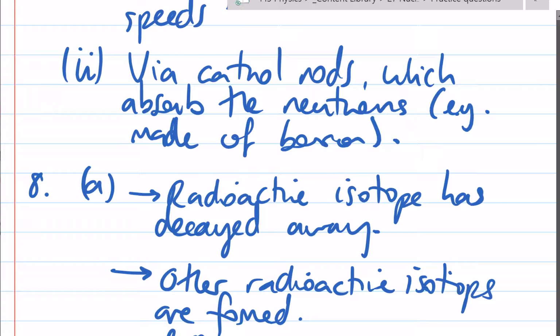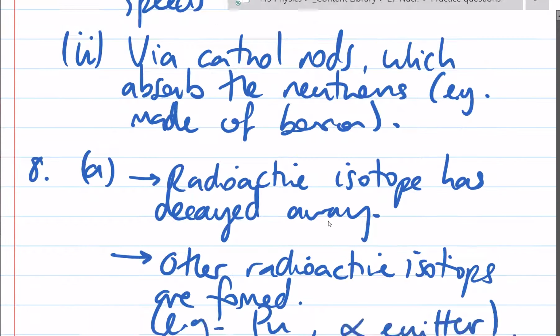So, e.g., there's ones like plutonium is formed, which is an alpha emitter, which is quite dangerous when sort of breathed in.